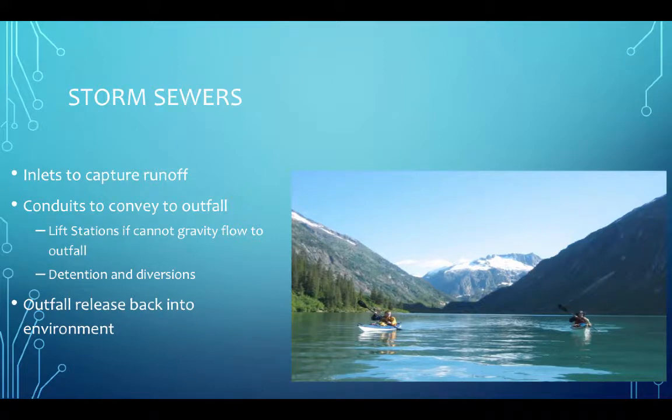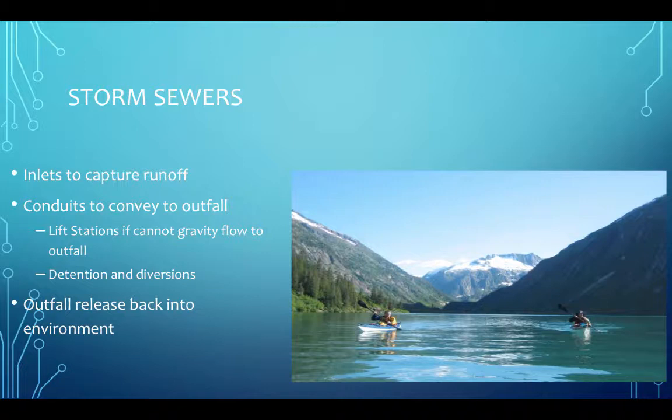So storm sewer systems are comprised of inlets, which capture the runoff from the surface and convey it into the storm drainage network. The conduits themselves are used to collect all that storm water and ultimately transport it to the outfall. We use lift stations if gravity flow alone can't accomplish the task, and detention and diversions are an important component of the system.